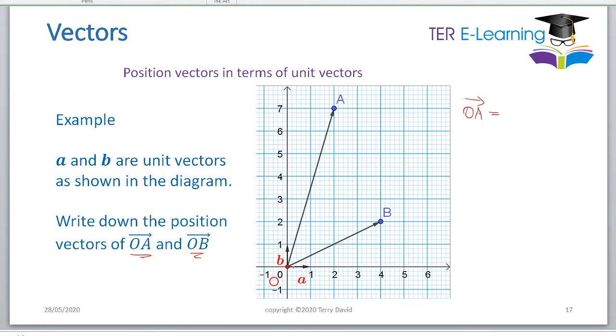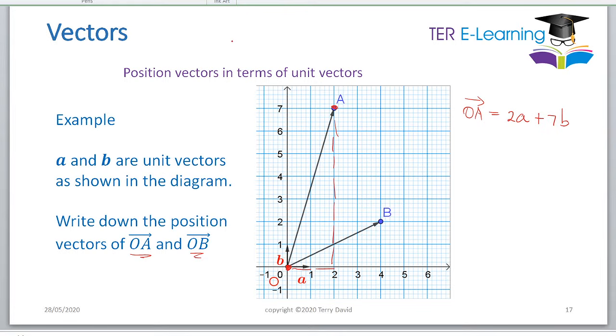To get from O to A, so O is here, and we want to go to A. So we're going to go 1, 2, right? So you're moving 2 units to the right. So in terms of your unit vectors, it's going to be 2A, and then we're going to go 1, 2, 3, 4, 5, 6, 7. We're moving in a positive direction, so we're going to go plus 7B, right?